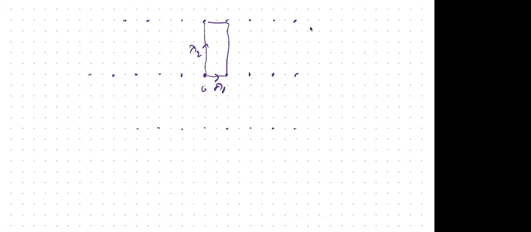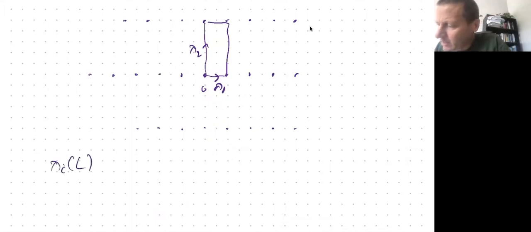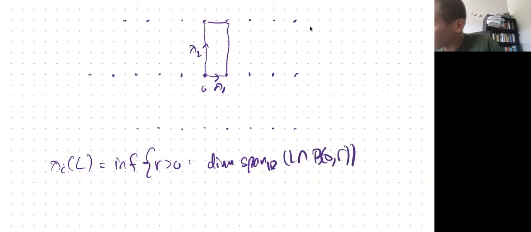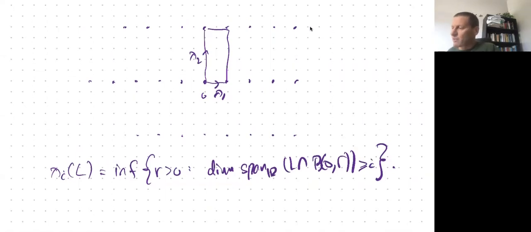So in other words, lambda_i of L is the infimum over all possible R for which the dimension of the real span of L intersect the ball of radius R is at least i. So you're looking at all the radii which contain at least i linearly independent vectors, and you're taking the smallest such number to be lambda_i.